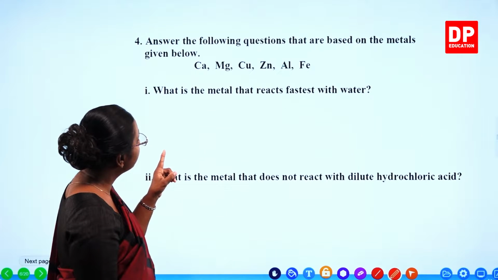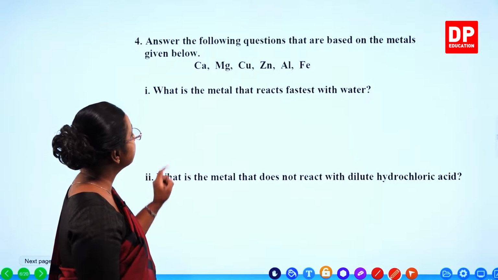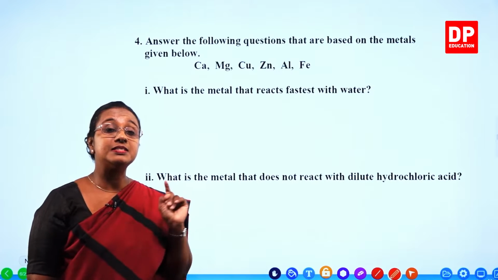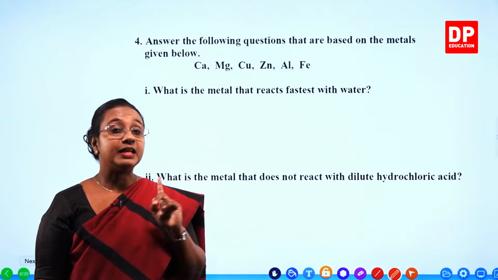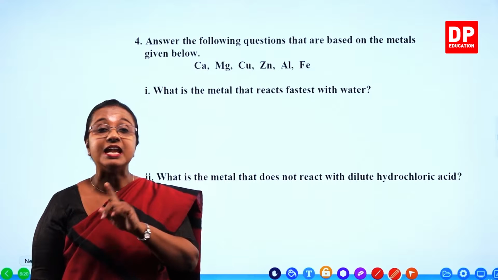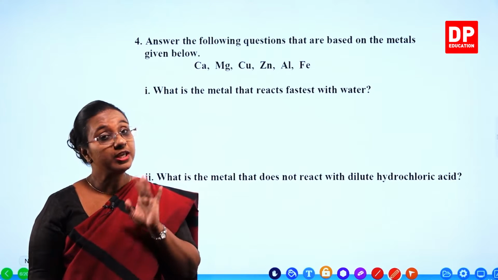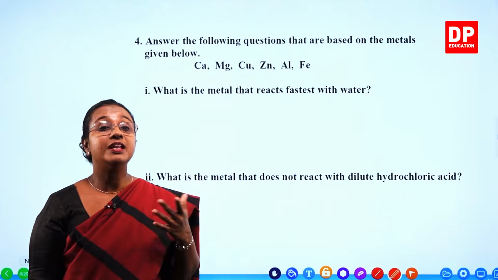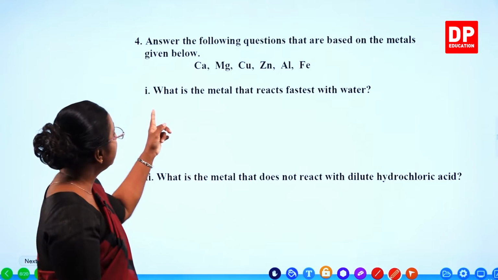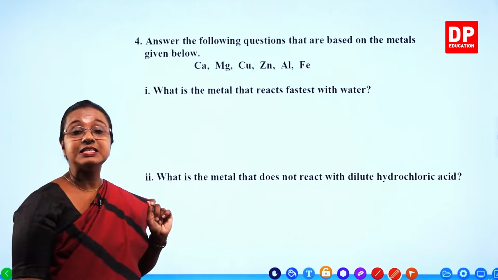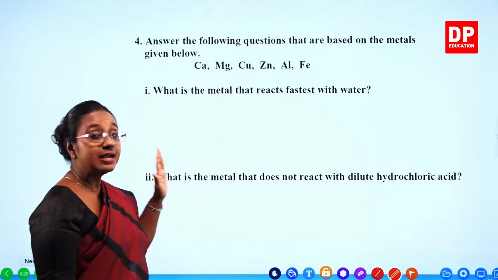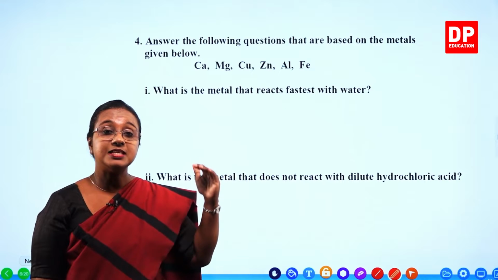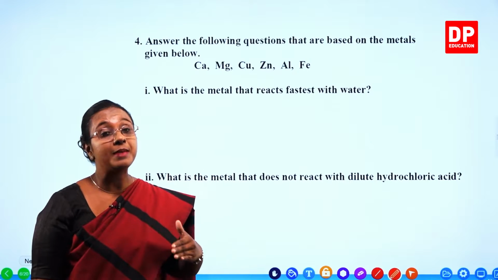Now we only used the reaction of magnesium with water. There also, magnesium doesn't react with cool water. It reacts with hot water and with steam. But sodium, you can remember, is a violent reaction or a very fast reaction. We did not do the reaction of calcium with water, but in the activity series, if you remember students, potassium, sodium, calcium, magnesium.